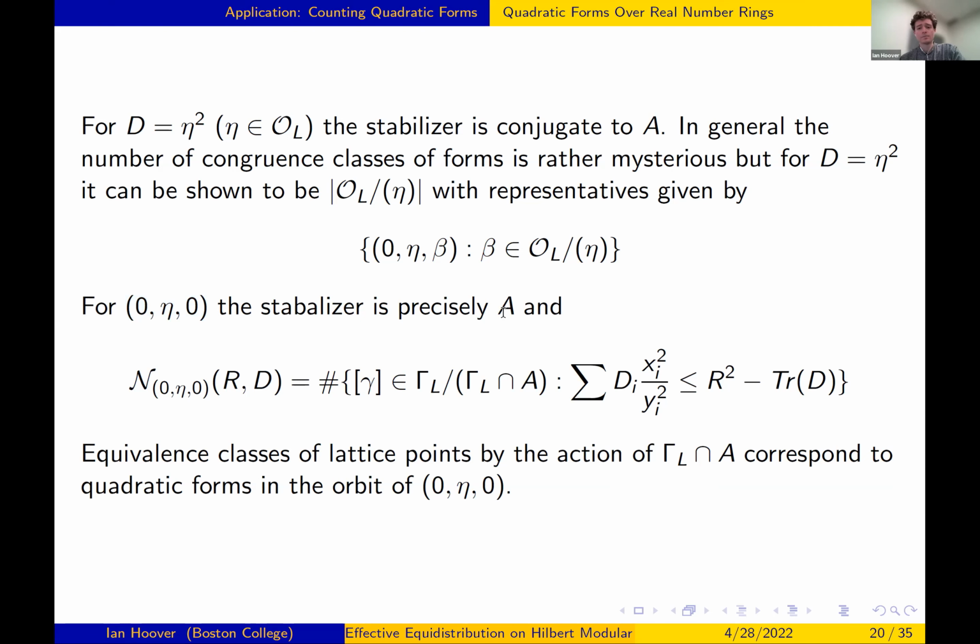Because A intersects the lattice somewhat non-trivially now, the lattice points themselves don't directly correspond to unique quadratic forms, but we look at equivalence classes of lattice points modded out by the action of the units, essentially.